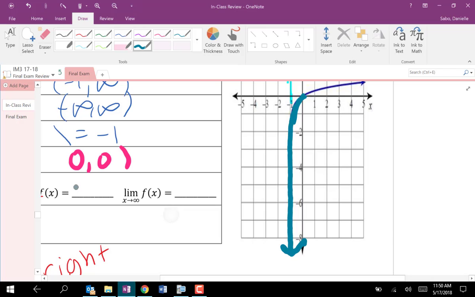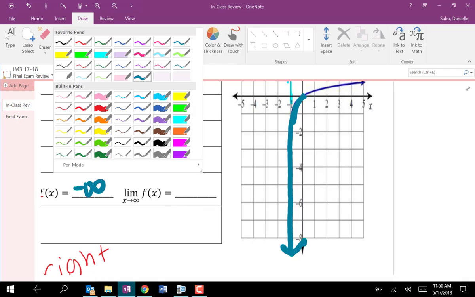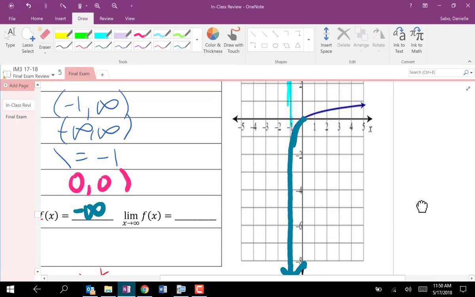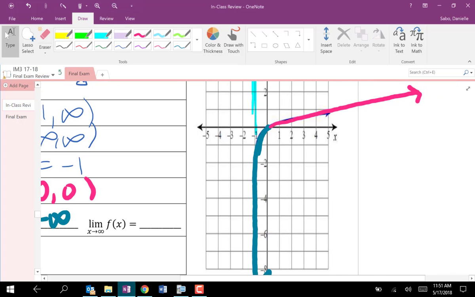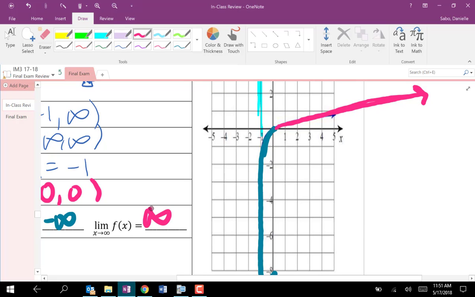Down to where? Negative infinity. Bikini Bottom. To Bikini Bottom. Very good. Okay, now again, visualize this with me. As x is going to positive infinity, where is it going to go? In pink. Where is it going? Slowly. Yeah, to infinity. Very good. And we're done.